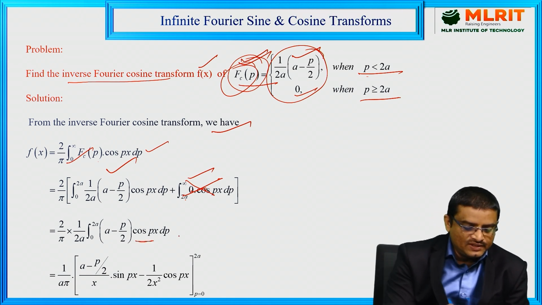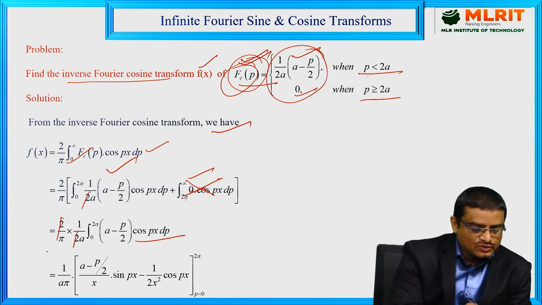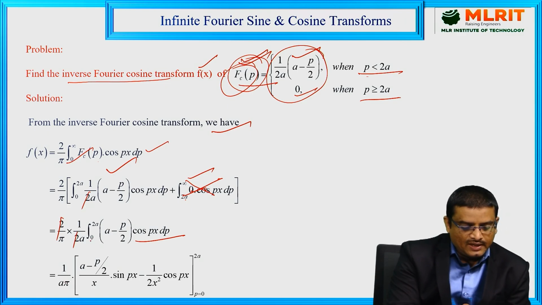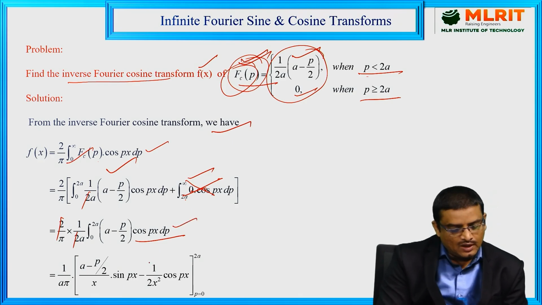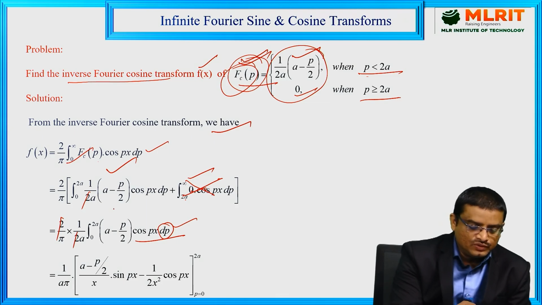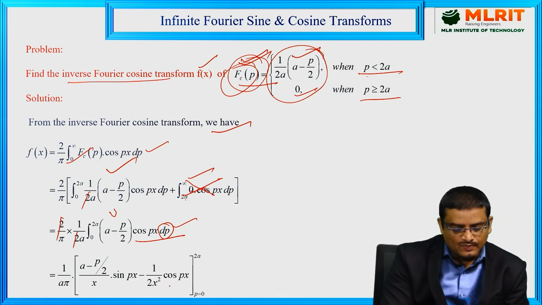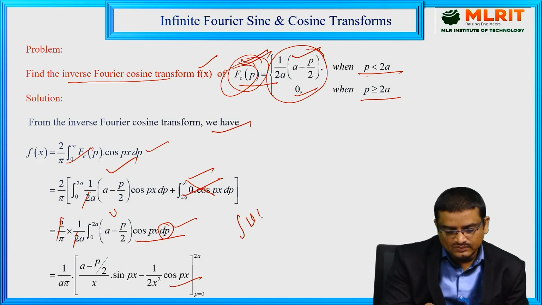Now simplify this. This 2 and this 2 get cancelled. So you will get 1 by a pi and integral a minus p by 2 into cos. Apply the integration with respect to p. Consider this as u and consider this as v. Apply the integral of uv formula.